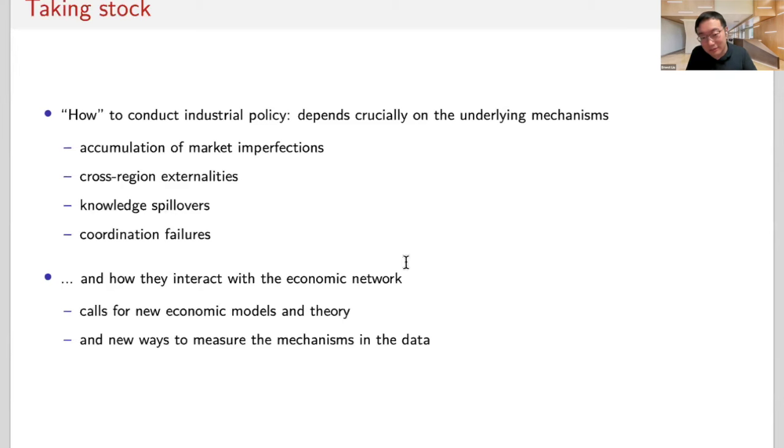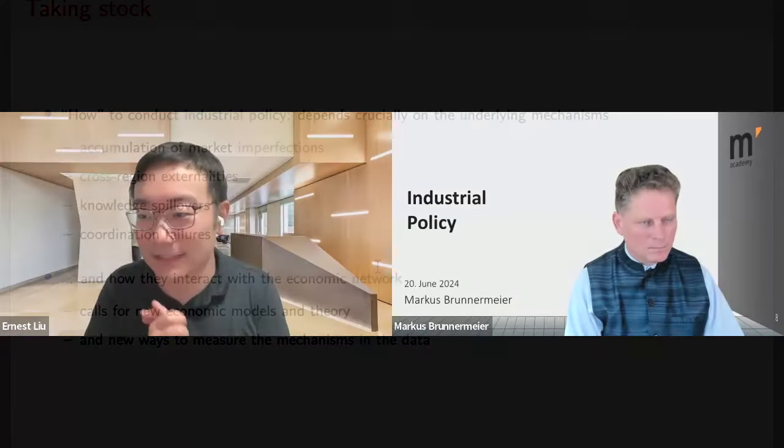Different mechanisms interact with networks, and that calls for new models, new theory, and new ways to measure the mechanism in the data. And really, there's no single umbrella, one-size-fits-all prescription on which sector to target. But that's also the beauty of why the subject is so interesting. So that's where I want to conclude.